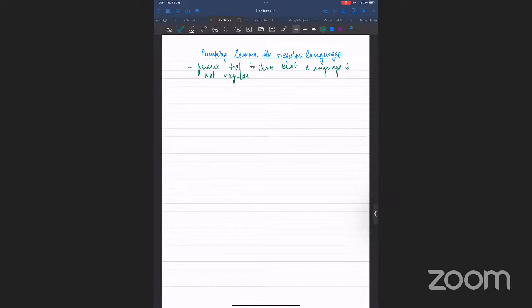So what does the pumping lemma say? I'm going to write it. Let L be a regular set.